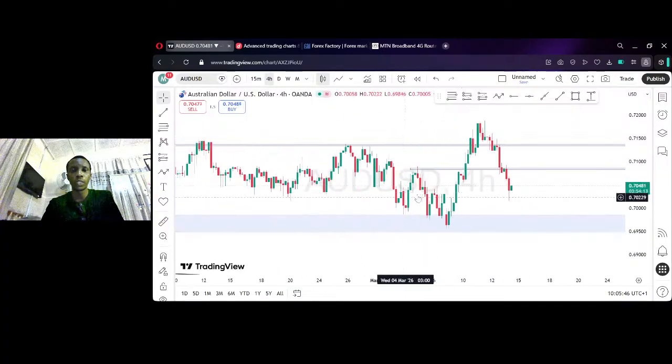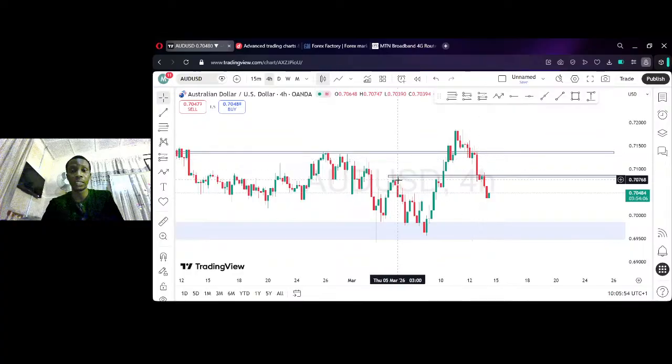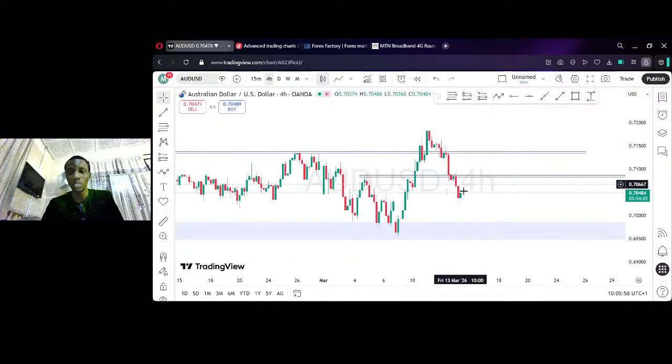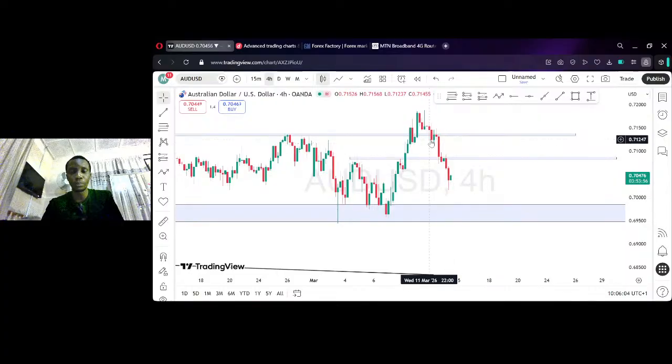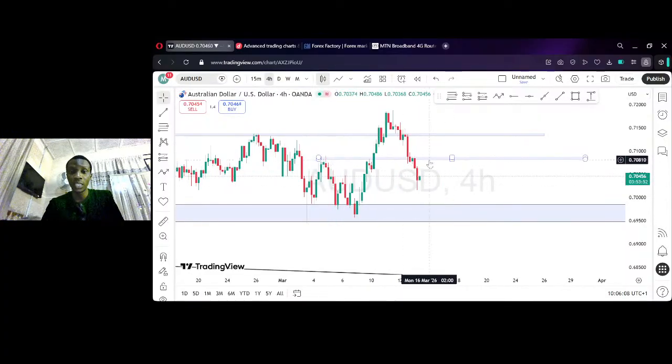On the 4-hour time frame, we have this high where I predicted 2 days ago that price would break out, come and retest here, and continue pushing to the downside. We couldn't get a confirmation candlestick to take a buy position to the upside, and unfortunately price just broke this level. This shows we should see a pullback like this, and then price will sell down to the downside.